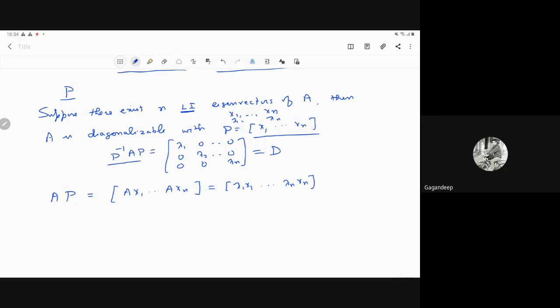Because lambda 1 is an eigenvalue and x1 is the corresponding eigenvector. So Ax1 should be lambda 1 x1. Likewise, Ax2 should be lambda 2 x2 and so on. Now you understand why I have done these replacements here.